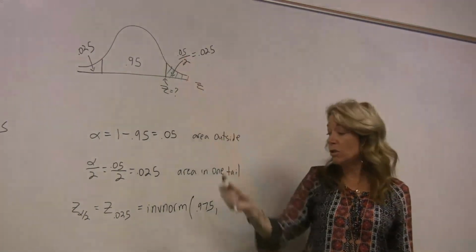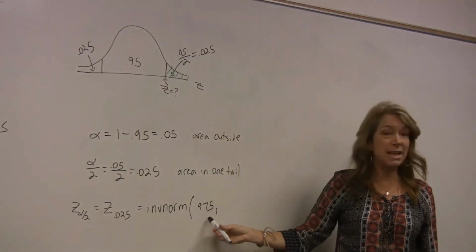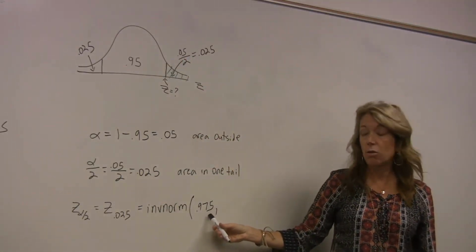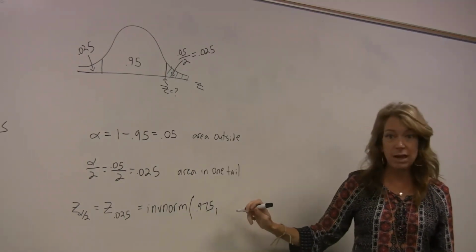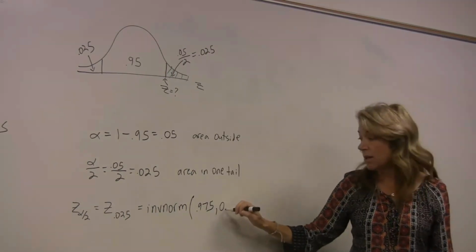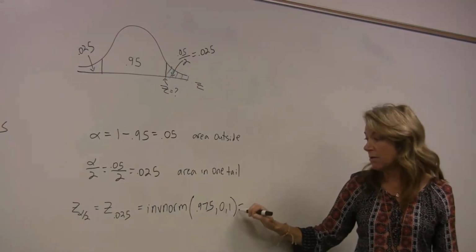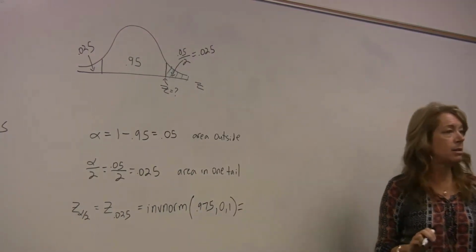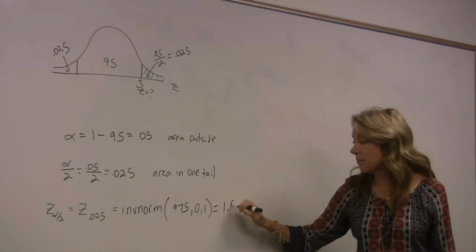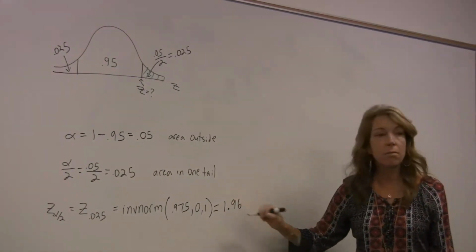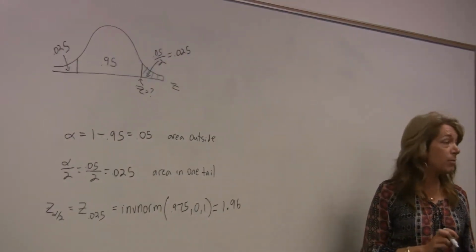So you can either search your table for 0.975, or you can do inverse norm of 0.975 with what mean, standard deviation? 0 and 1. Every time you're looking for z's, it's 0 and 1. And we get 1.96. Yeah, table gives you 1.96.